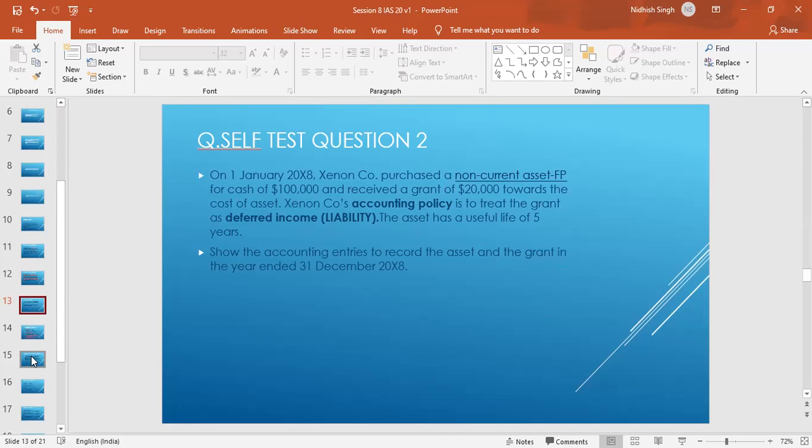What should be the accounting entry? What is the common consensus? How should we do this?